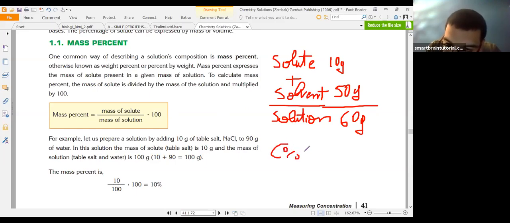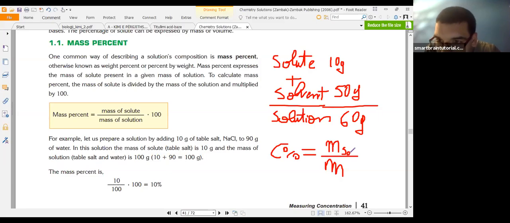This mass percent or mass percentage concentration describes the amount of solute in grams. The percentage concentration expresses the mass of solute in 100 grams of solution.